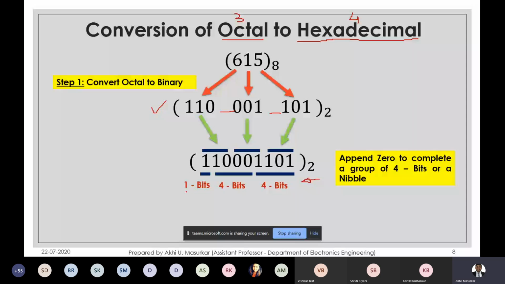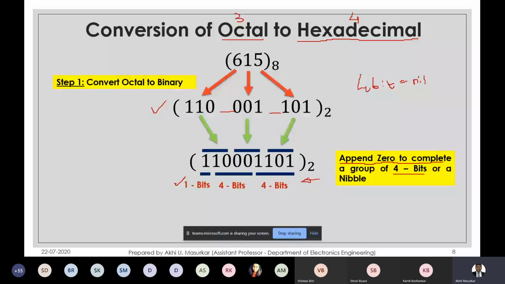Now hexadecimal means we have to do grouping of 4. So what should we do? Like I have already shown here, you have to append zeros to complete these 4 bits. 4 bits is also called a nibble.